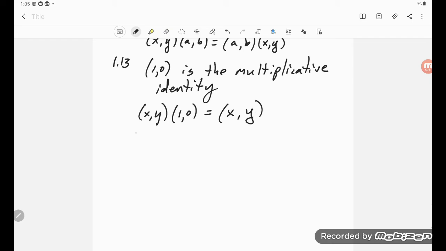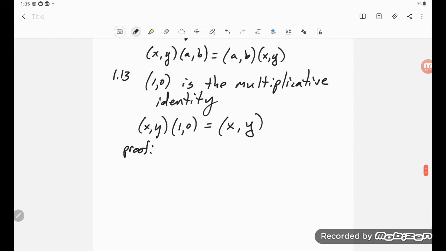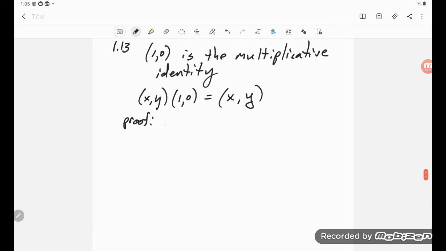And here the proof, I'll go ahead and do this proof, is just actually carrying out the multiplication.